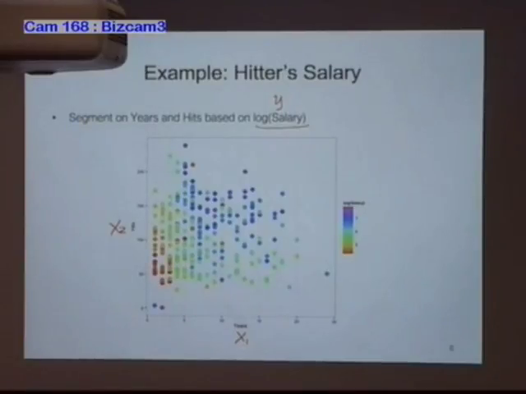Every point has a color. The darker, cooler colors indicate a higher salary. Purple, blue are high salary. This is log of the salary, but that doesn't matter. The green, yellow are the middle salary, and the red, orange are the low salary. So color indicates that.